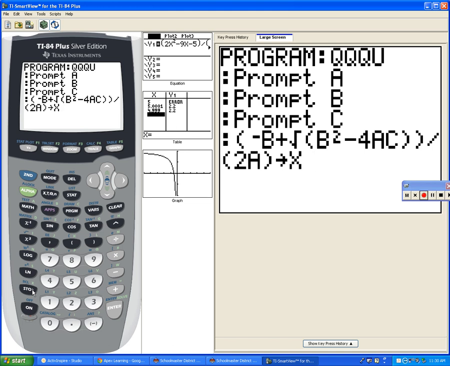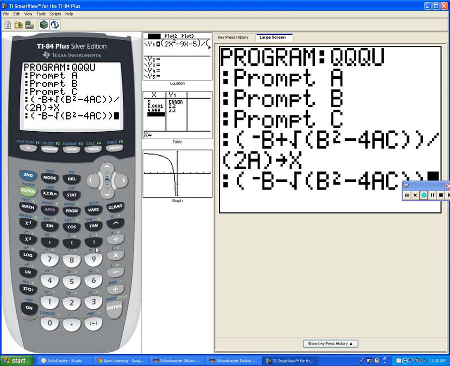Okay? Then you're going to do the exact same thing. But now when we get to here, instead of going plus, you're going to go minus. Push enter to go down to a new line. So I'm going to go opposite of B minus root of b squared minus 4 alpha a alpha c.